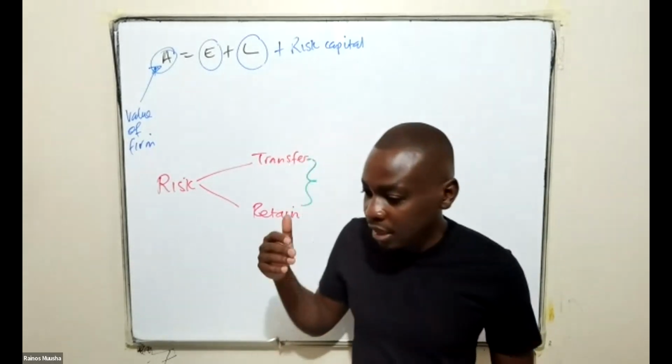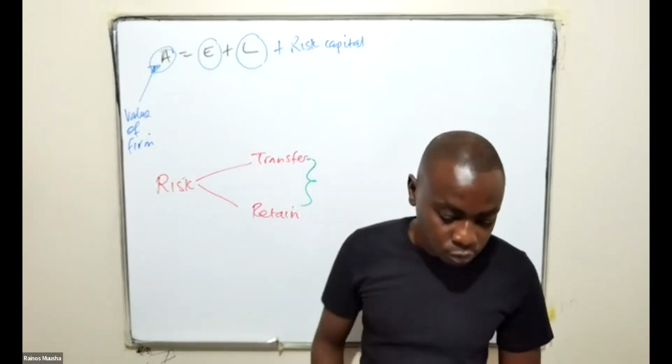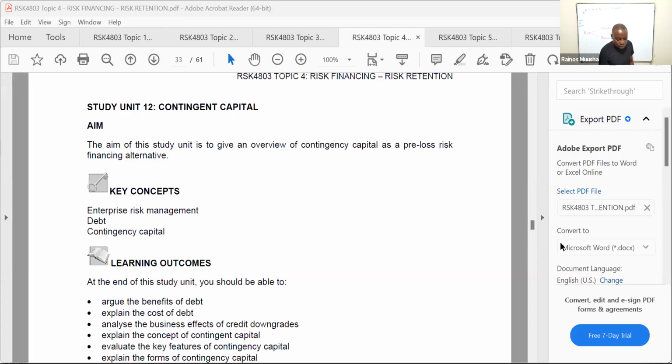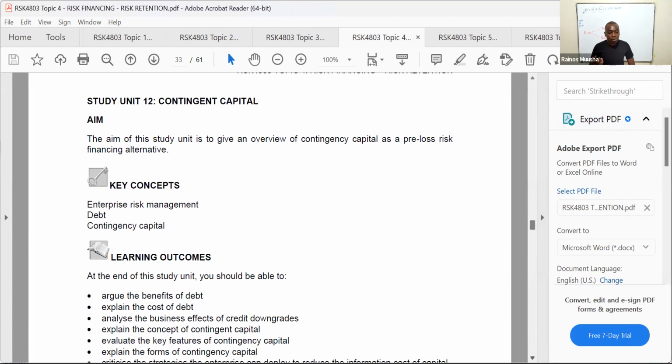So this is what we refer to as alternative risk transfer. When you look at alternative risk transfer, you see that they also look at contingent capital, to say, how is contingent capital a part of transferring the risk?